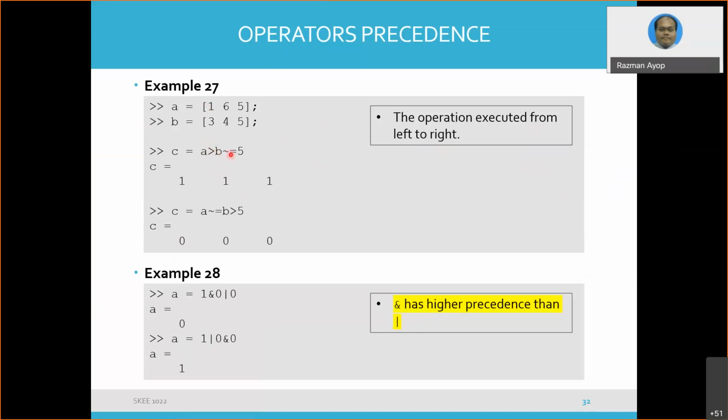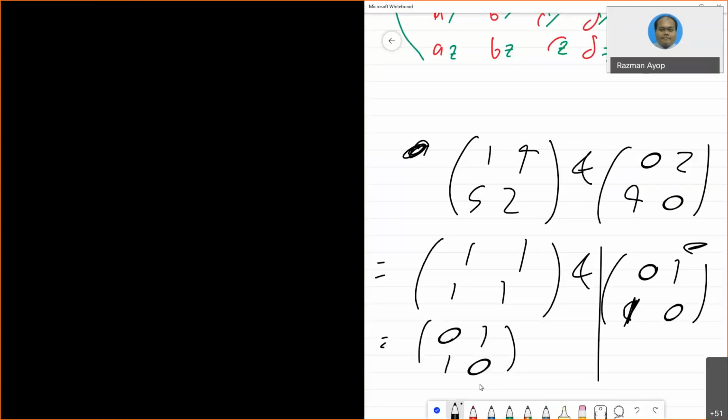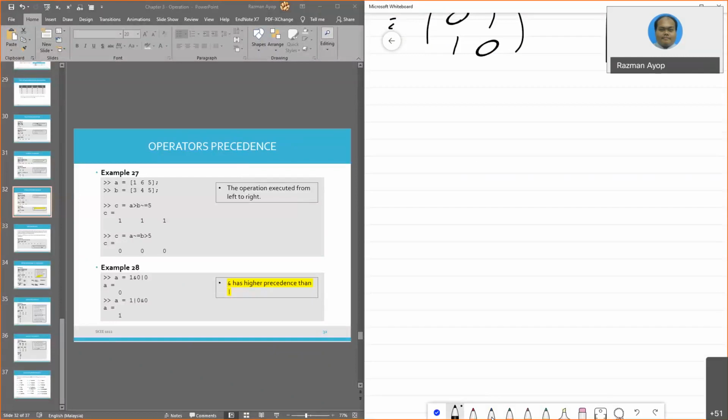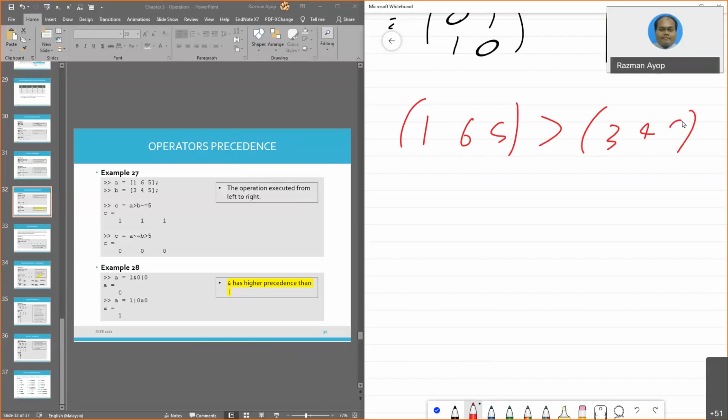So A is more than B. So you have A is 1, 6, 5 and B is 3, 4, 5. So 1 is more than 3.